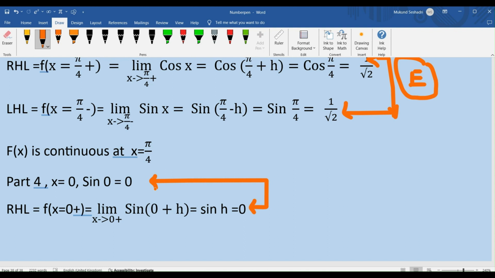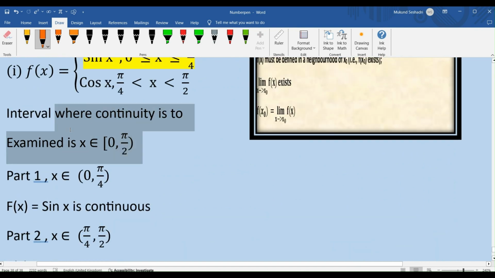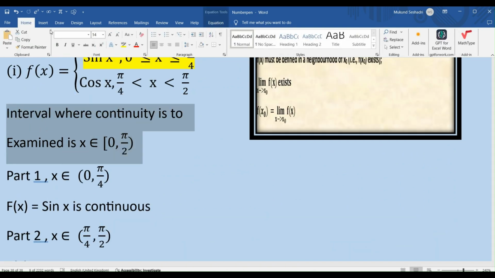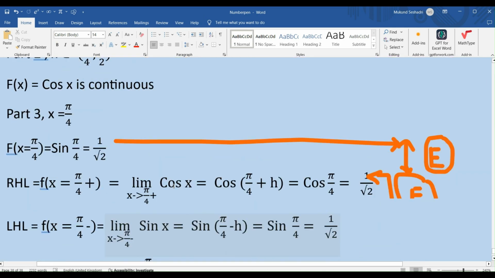Let me repeat it. It includes 0 but does not include pi by 2, right? And that is why we discussed that in the beginning. So I'm just going to highlight this part where we mentioned the interval where continuity is to be examined is closed interval 0 to pi by 2 open interval, right?